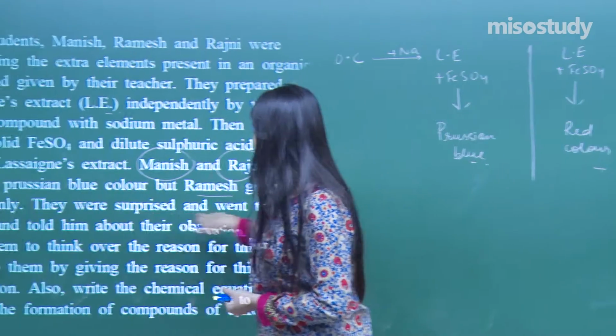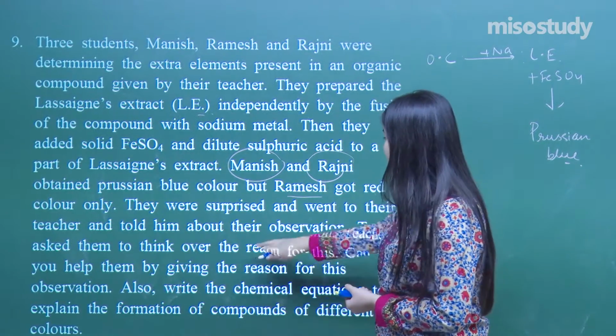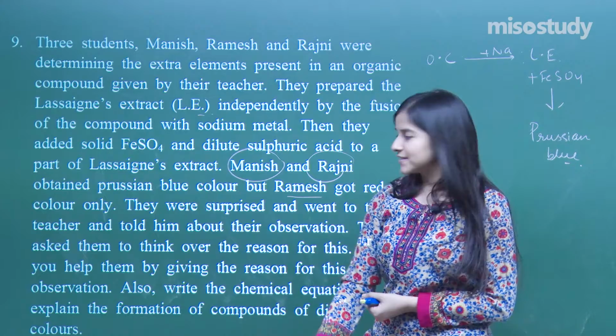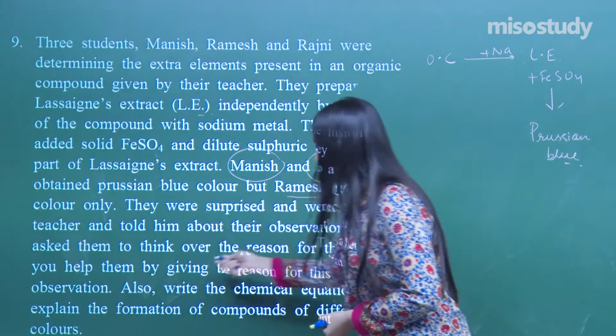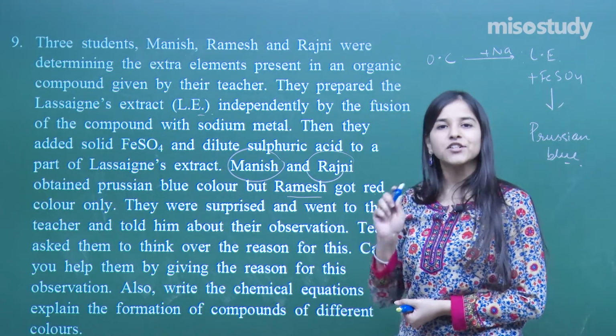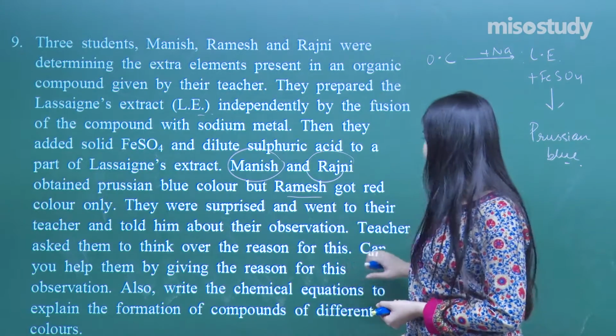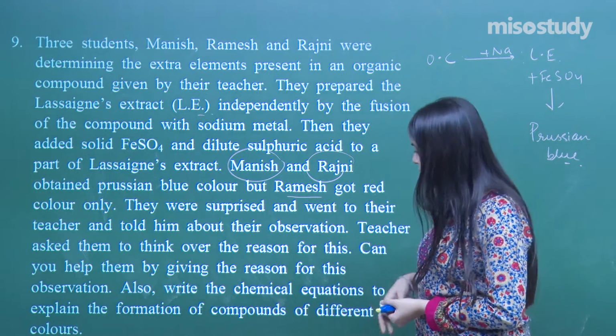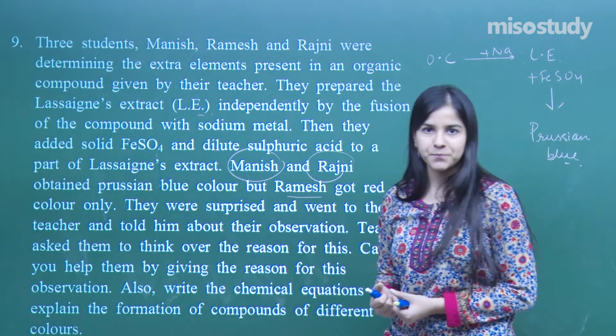So they were very surprised. They went to the teacher and told him about their observations. The teacher asked them to think about the reason for this. Can you help them by giving the reason for this observation and also write the chemical reactions involved, right?